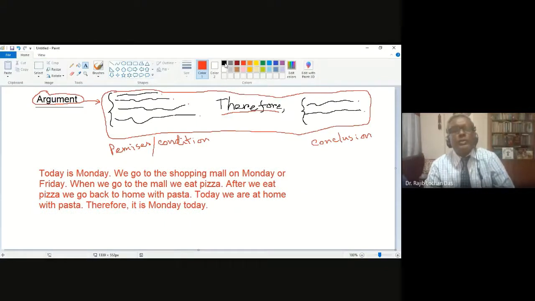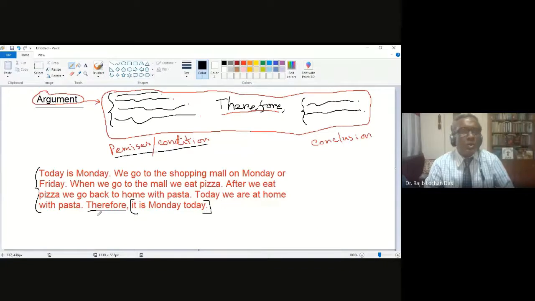So it is one example, and if you read it, you will understand that there are some facts in the premises, some conditions given in the premises, and therefore is one word, and after this word there is a conclusion. So all the sentences before therefore are part of the premises, and the part after therefore is the conclusion.